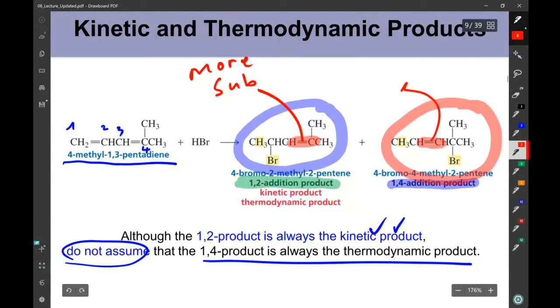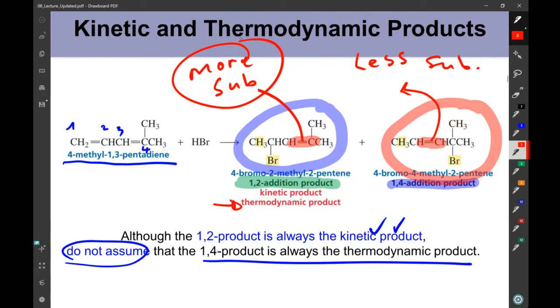And you will notice that this double bond is less substituted. Does that make sense? And so because this double bond is more substituted, it becomes the thermodynamic product. Because this is a 1,2 addition, it is the kinetic product. Does that make sense? So this is an example.